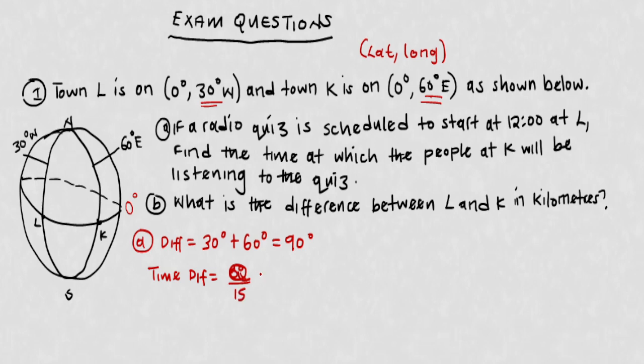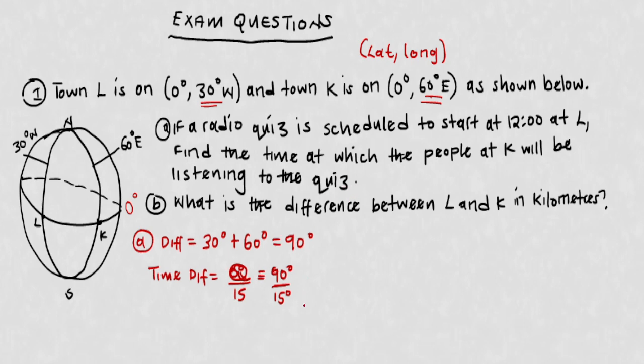We know our theta, which is the difference in longitude, is 90 degrees. We divide it by 15 because we want to relate time and degrees. So we're simply saying 1 hour is equal to 15 degrees.